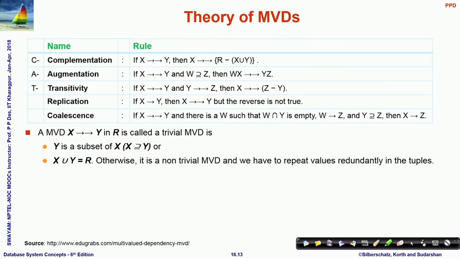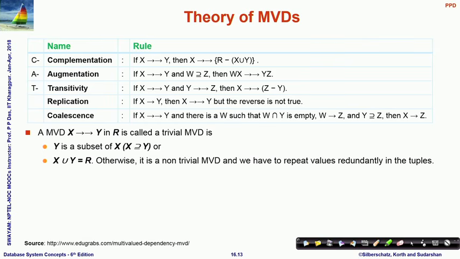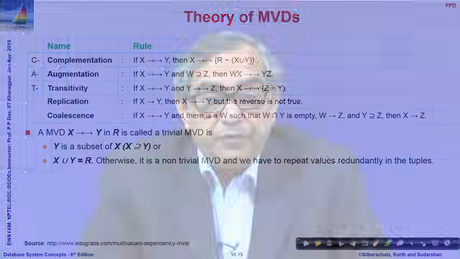Now, once having defined the notion of multi-valued dependency, we next proceed to check how we reason about that. I would remind you about functional dependencies and the rules of functional dependencies, the Armstrong's rules that we had introduced, augmentation, transitivity and all that.